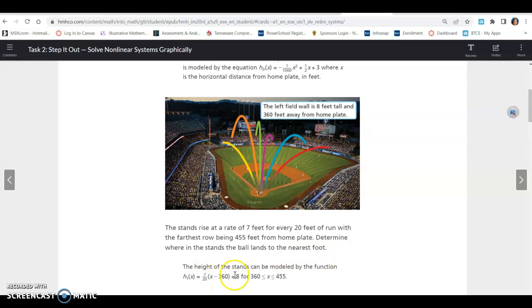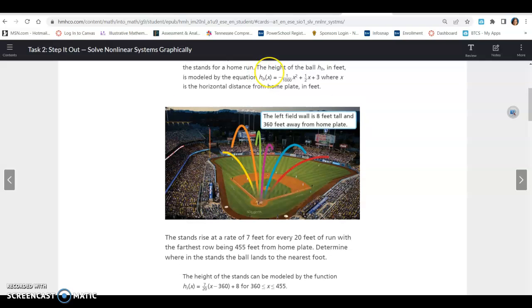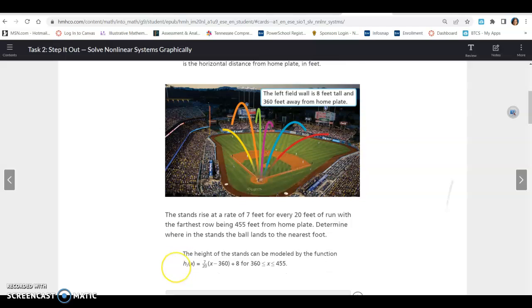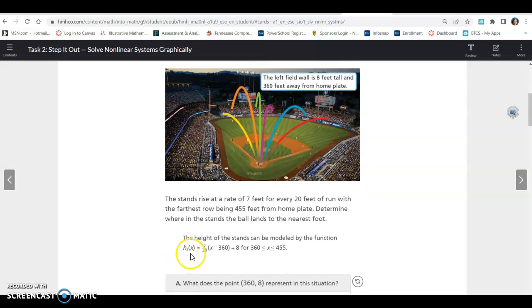So the height of the stands can be modeled by the function h sub s of x, and this is our second equation here. So we've got h sub b of x, and this one represents the height of the ball, and h sub s of x is the height of the stands.